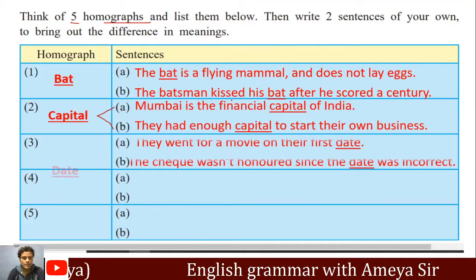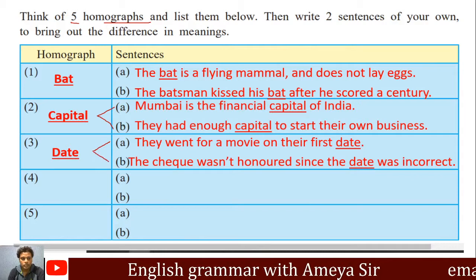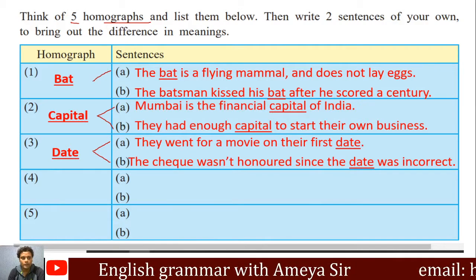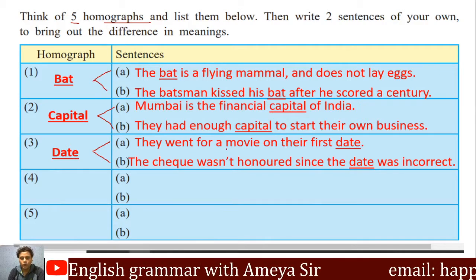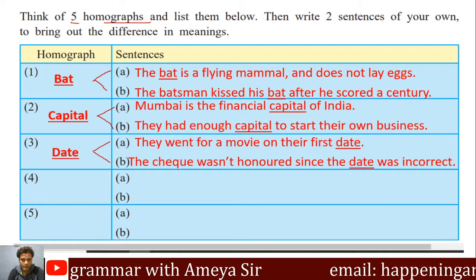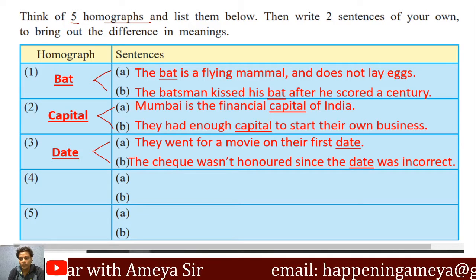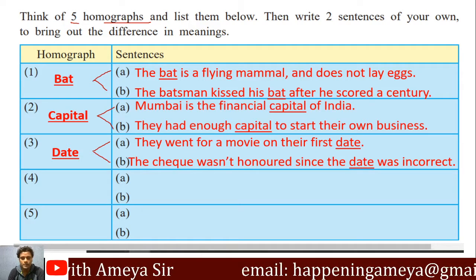Well, the third example is date. So what are the applications? Well, also let me draw it for bat. They went for a movie on their first date. Ooh, nice. The next one, the check wasn't honored since the date was incorrect. So don't mismatch here.